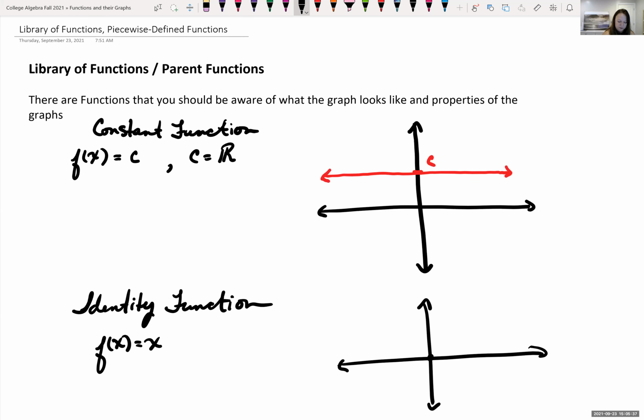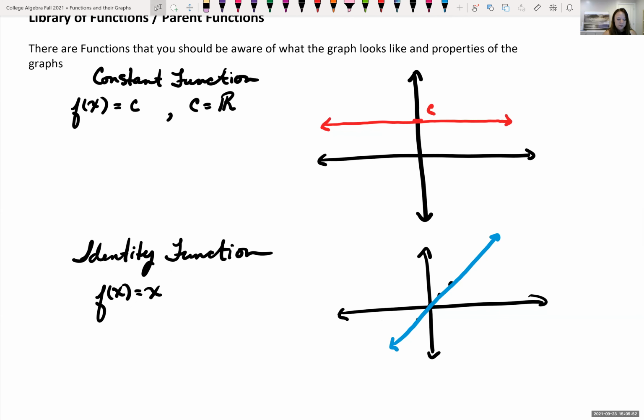So (0, 0) is a point, (1, 1), (2, 2), (-1, -1), etc. And so we get this diagonal line. Properties of this graph: the domain again is all real numbers. The range is also all real numbers.